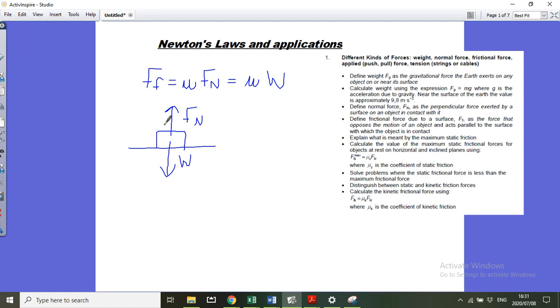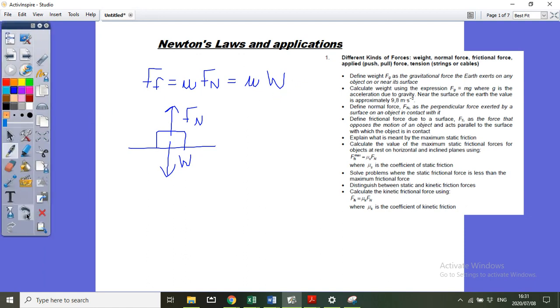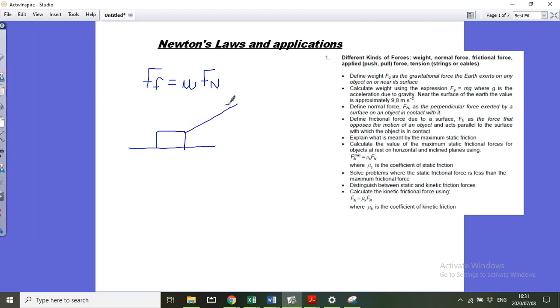Now the next scenario is if that box is still on that flat surface, but now it has extra forces acting on it. So it has, for instance, a force pulling it upwards like that. So if we have a force that someone applies here, so we use Julian in the ASP, so let's just use him again.